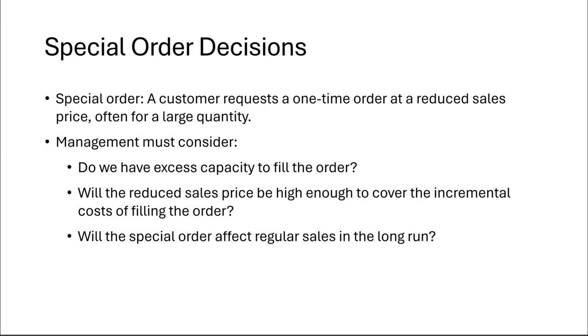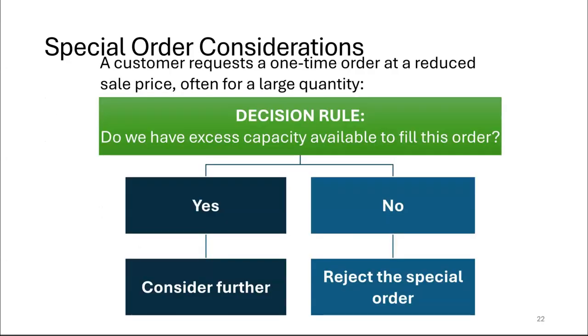So you have to have excess capacity. It has to be enough to cover your incremental costs. And will it affect overall sales in the long run? Because that's very important. You have to give this a lot of consideration before you do it. So, do we have excess capacity? If it's yes, we want to consider it.